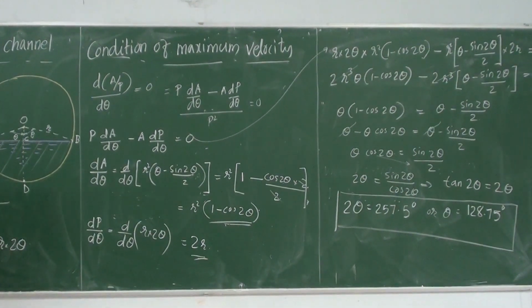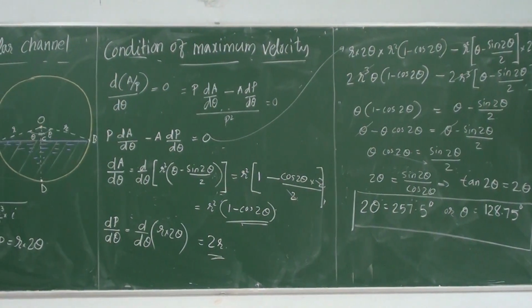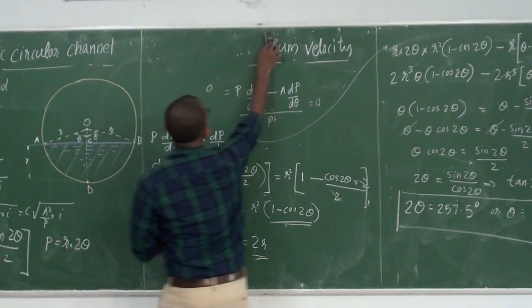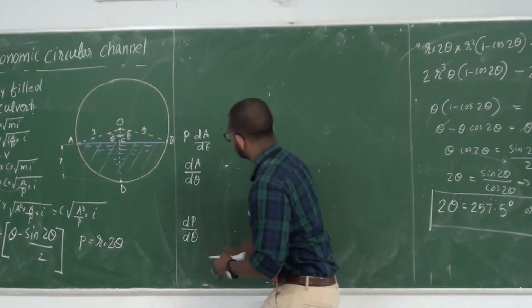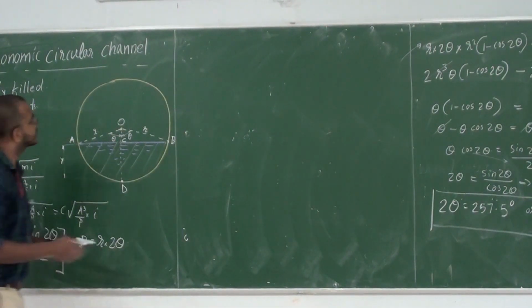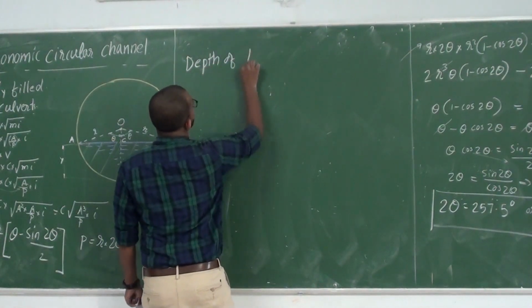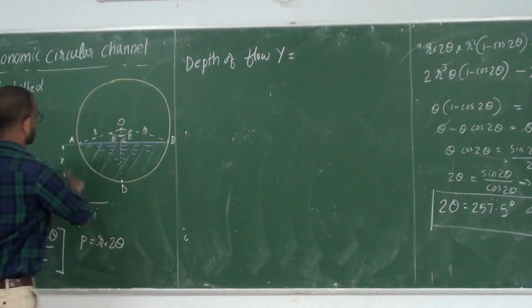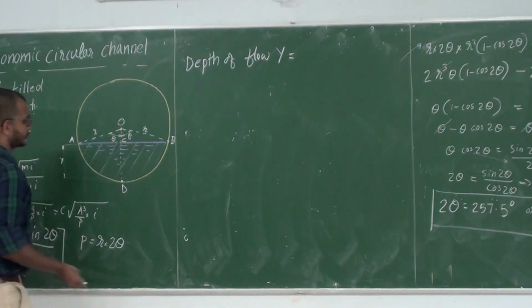Now we will find out the depth of flow y, the optimum depth of flow. So the depth of flow y is nothing but OD minus OC.